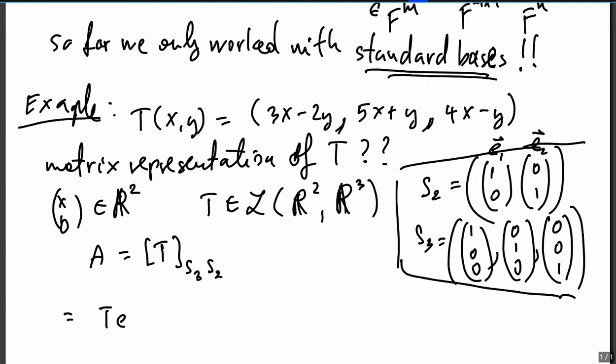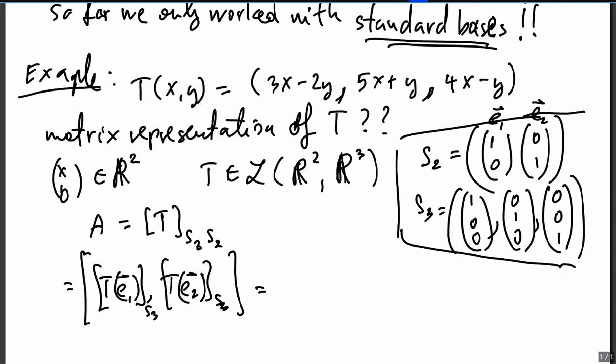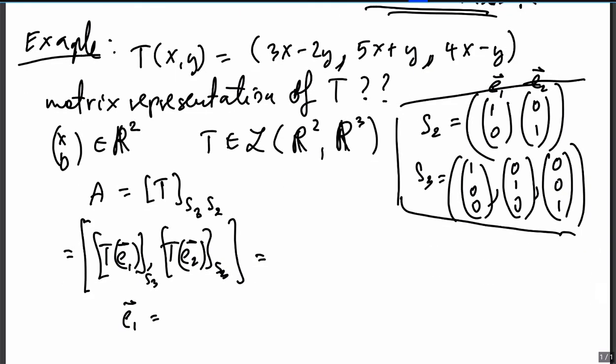So it would be the image T(E1), and then the image of E2 in S3 in the standard basis. And then for E1, we have that this is (1,0), which means x equals 1 and y equals 0. And for E2, we have the first component x is 0 and the second component is 1.